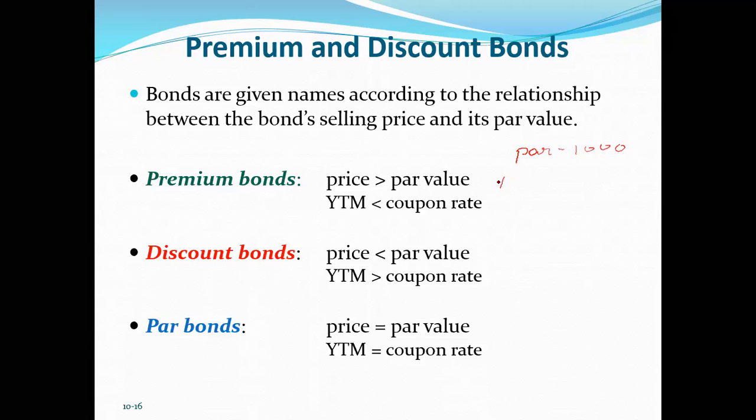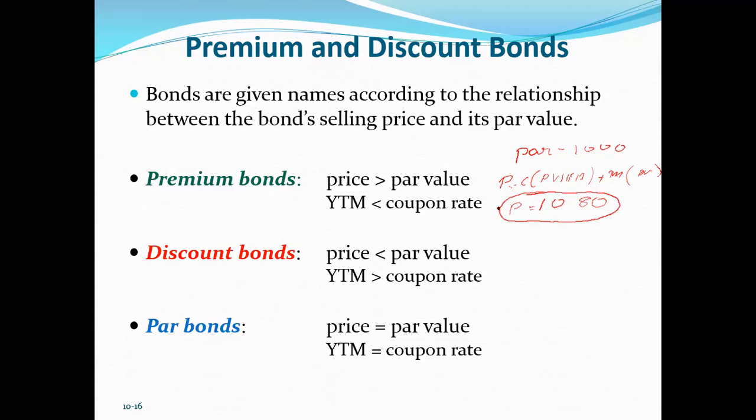I use this particular formula, P is equal to C into bracket present value interest factor annuity, and I arrive at the value. Let us say this value is 1080. Now, if you observe, the price of the bond is 1080, which we have calculated using the formula.